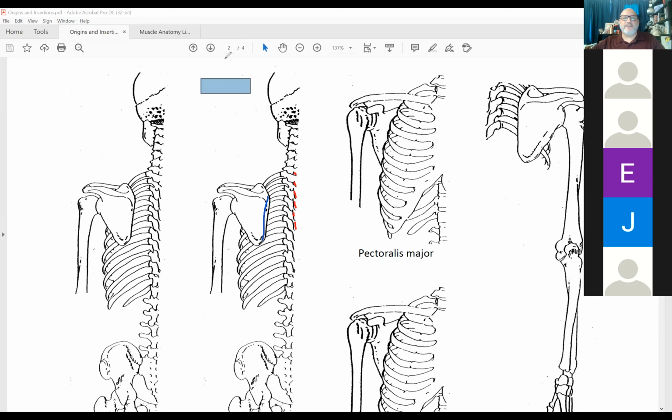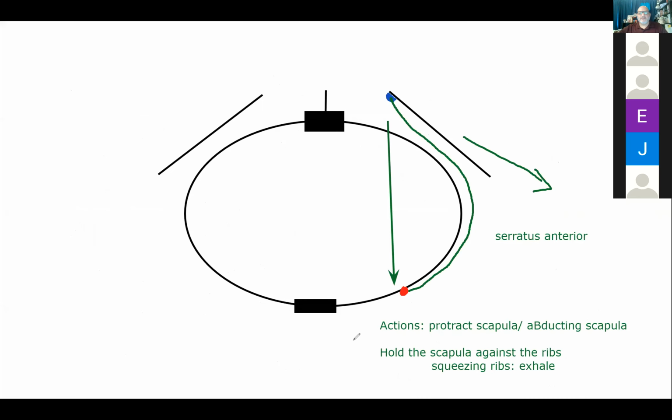I know I've just drawn this here, but let's go back to our other picture. Notice here we had our serratus anterior. Now we can draw our rhomboids, and let's use a slightly different color, so we'll use the pink.